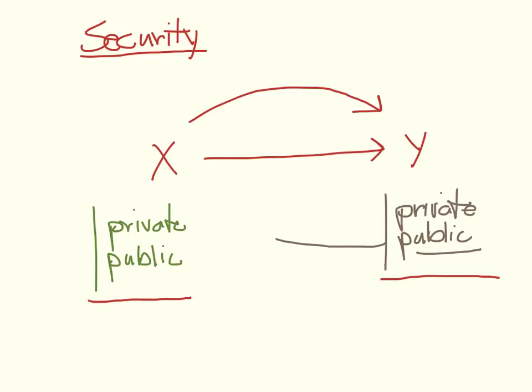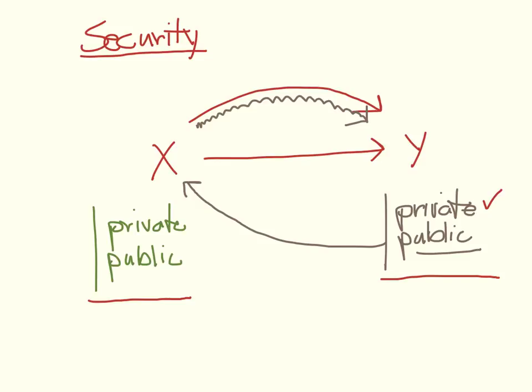So Y's public address could be shared with X, and then X could encrypt the data going to Y, and then Y is the only one that can decrypt it because this is the only key that can decrypt it. Okay? So that takes care of one big part. The data can be sent and we can be guaranteed confidentiality, in the sense that nobody can look at the data and only Y can decrypt the data.